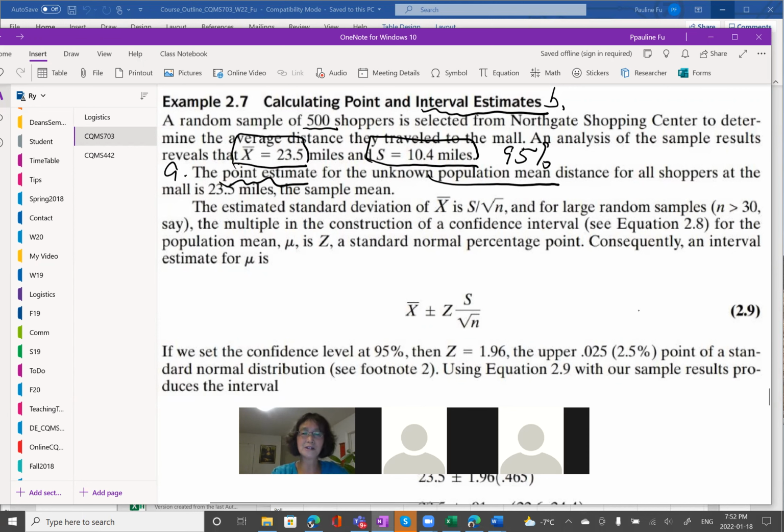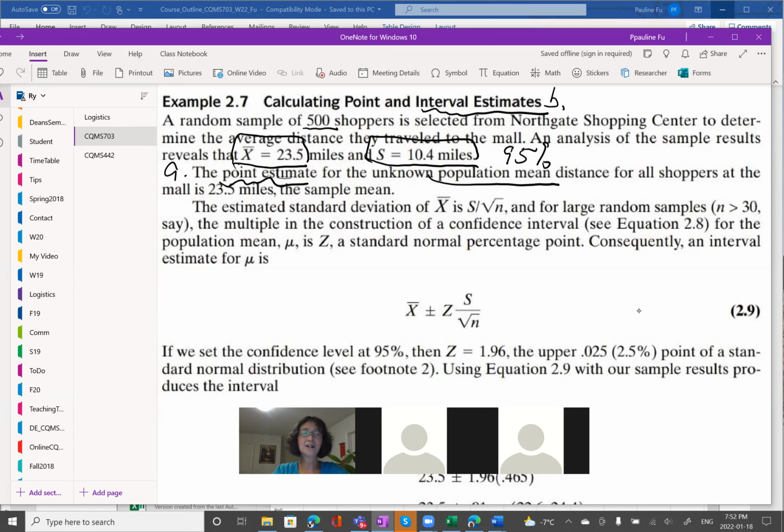That is question B. So first we analyze the question: what is given? Given sample data. What we are asked to do: answer two questions. Question A, what is the point estimate? If you recall CQMS703, the best point estimate for the population is the sample average, the sample mean.